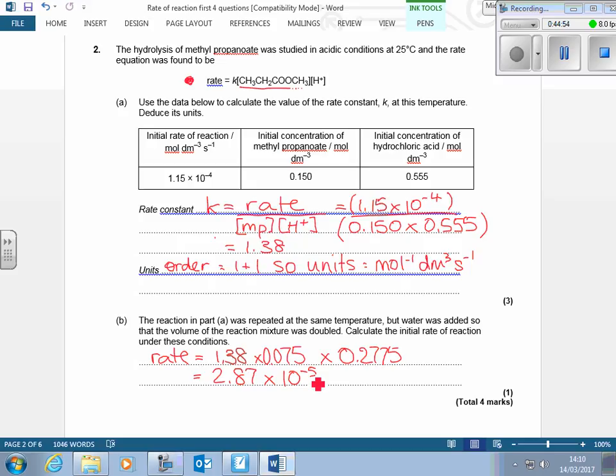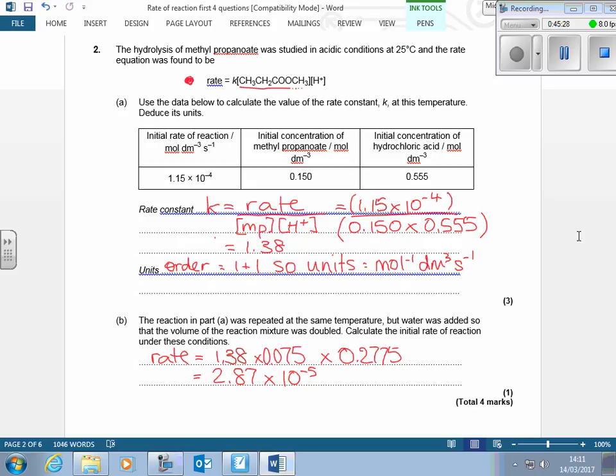Are we agreeing with that? It says to the -5. Oh, what? That's not 1.38.